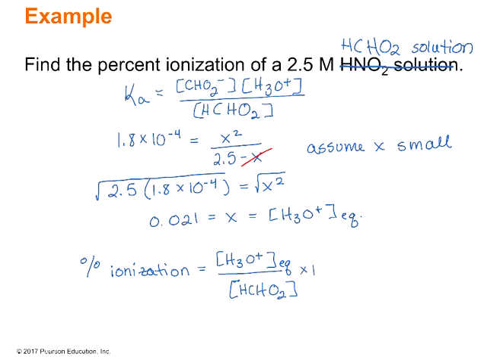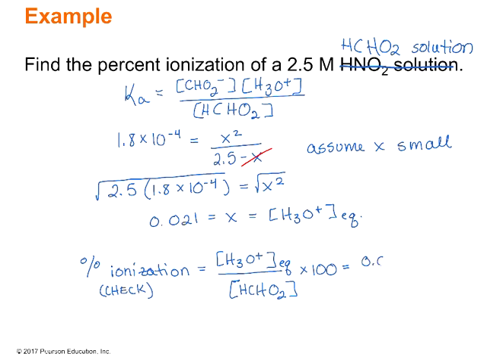And then we'll multiply that by 100. Now remember, this is also going to be a good check of whether we can assume that x is small or not. So I'm going to put in parentheses under percent ionization that this is also our check step.